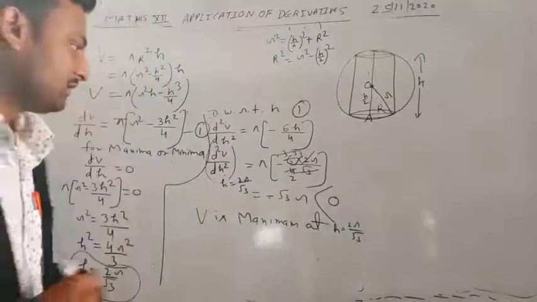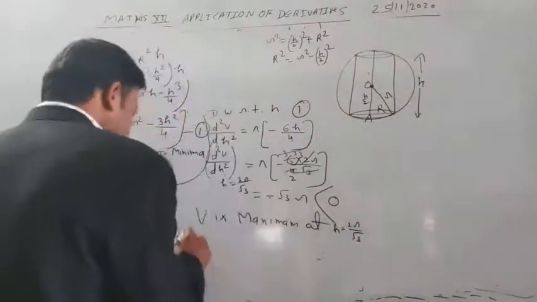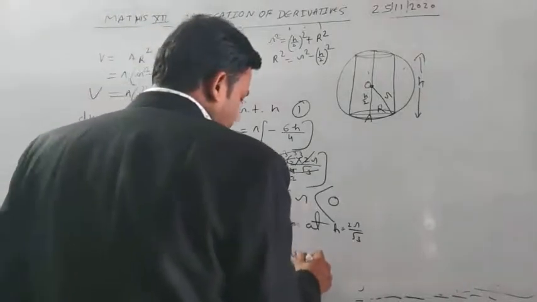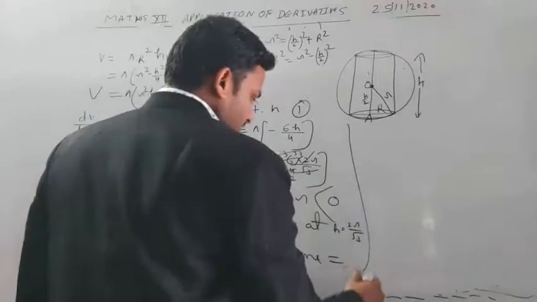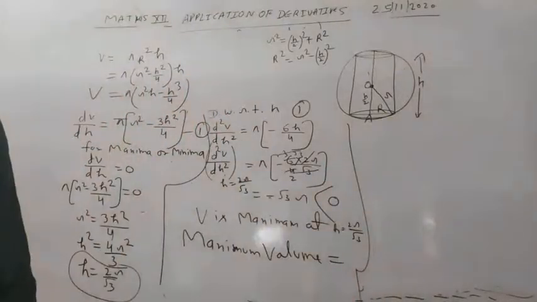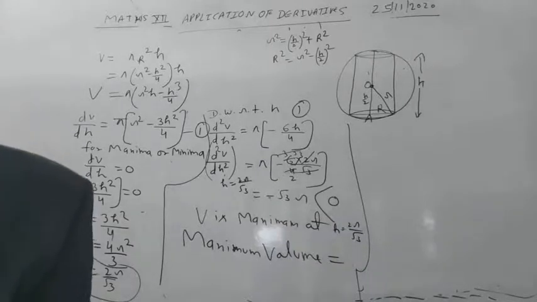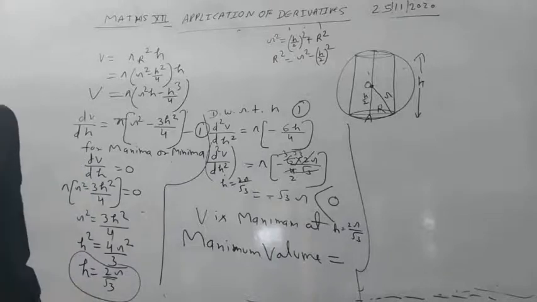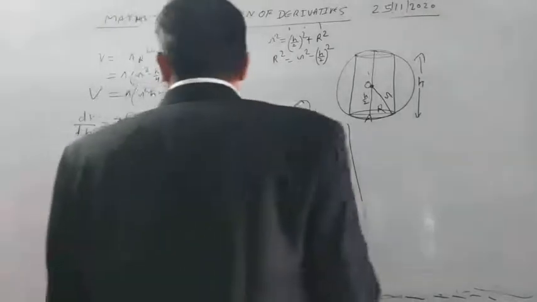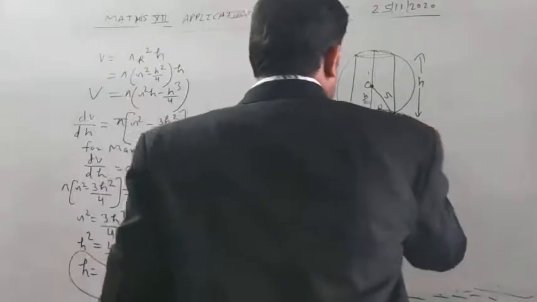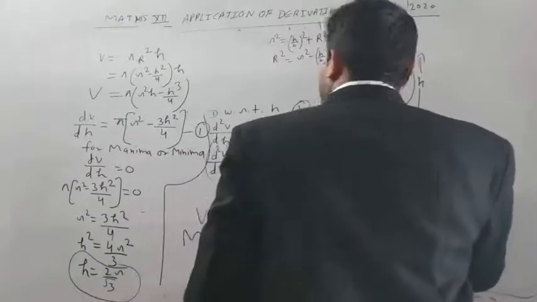The maximum value will be pi times (r square h minus h cube by 4).